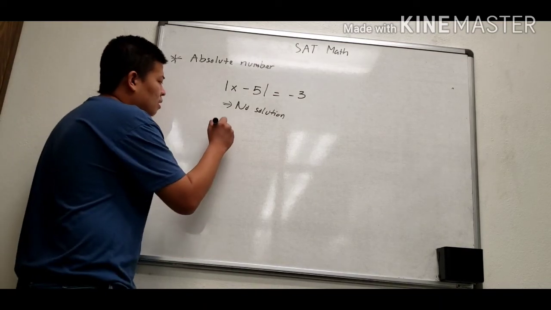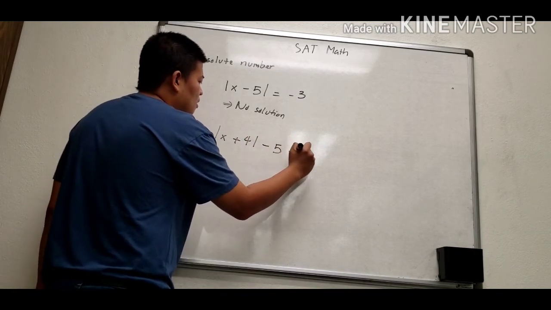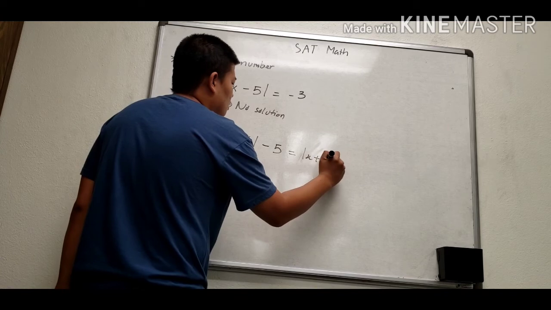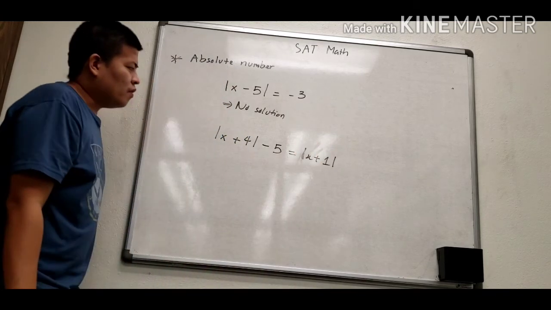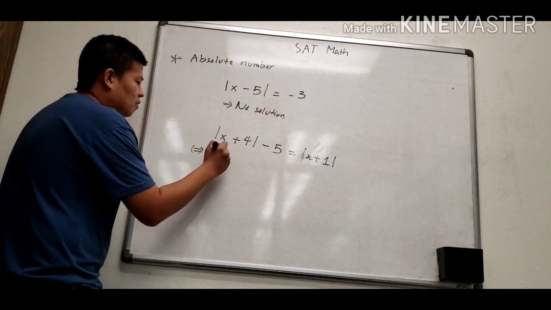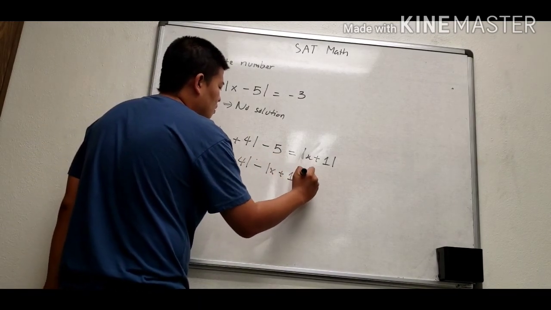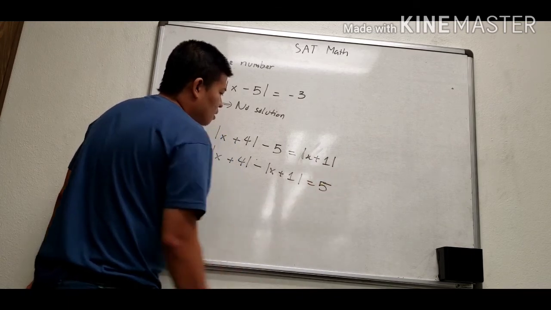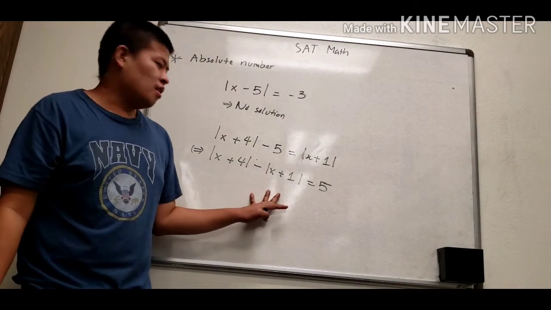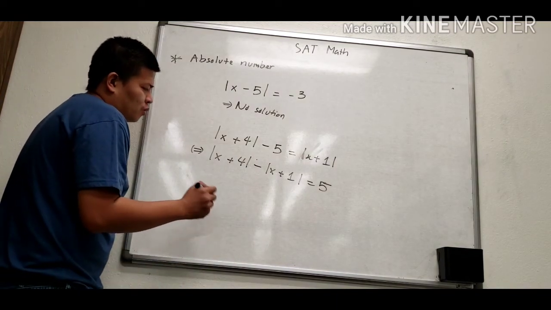And the next one. If they provide a question like this, you have to do it like this. In the question, we have absolute numbers here and here, and we can do two things.